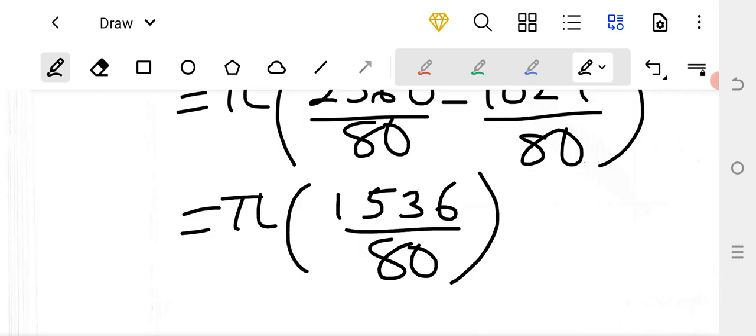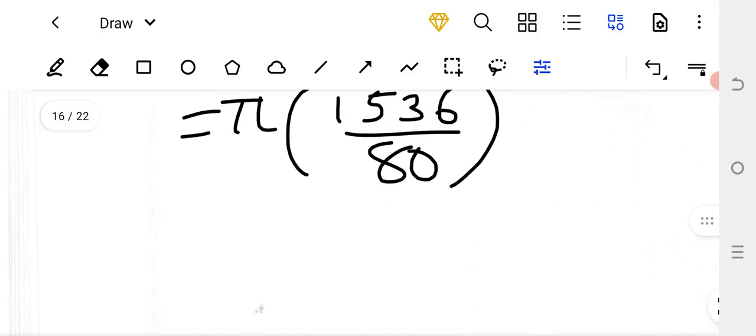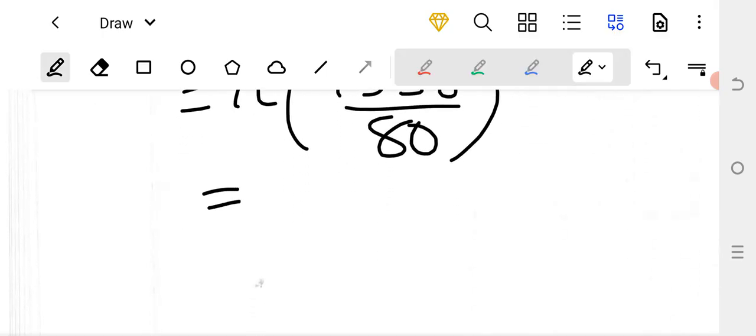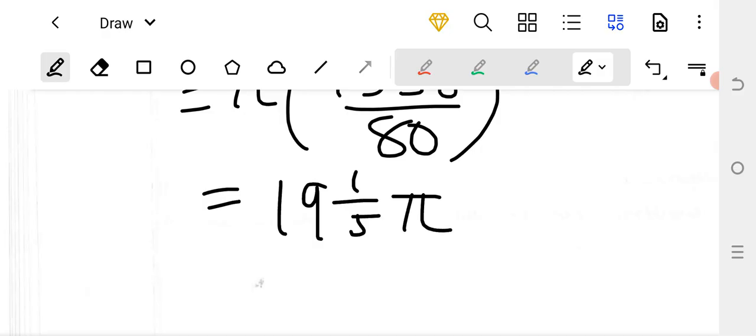If you divide by 80, you are going to have 19, remainder 1 over 5 pi.